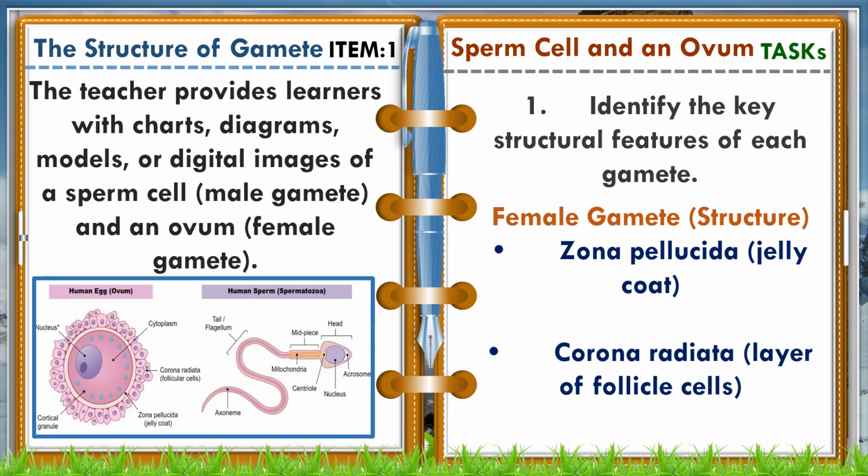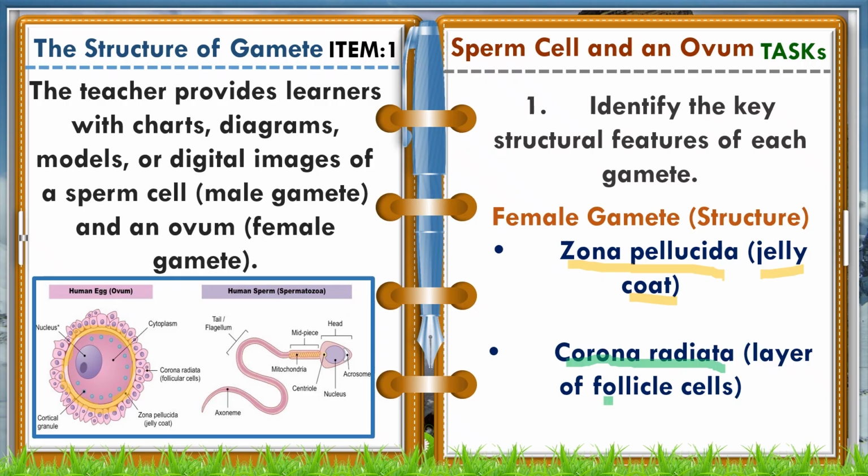Then it also contains what we call the zona pellucida, and this is a jelly coat. The zona pellucida is this small layer surrounding the cytoplasm. Then it has what we are calling the corona radiata.